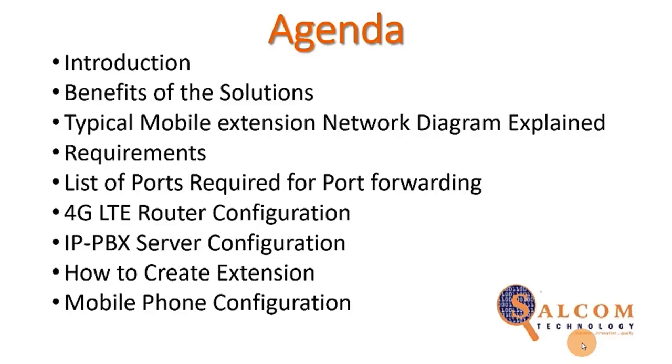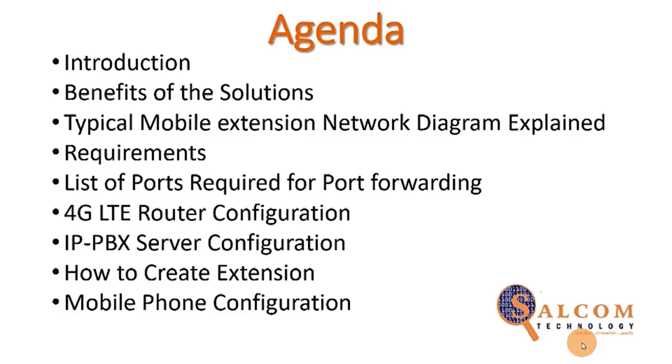the IPBX server. After that, we look at how to set up our 4G router to direct the requests from the external source into the local LAN where we have the IPBX server.